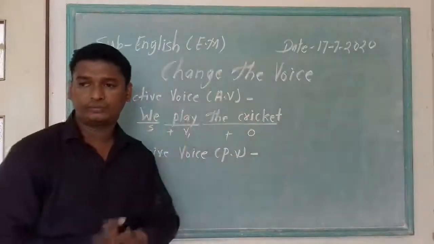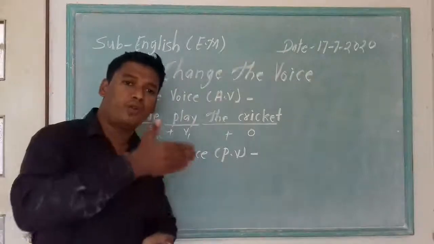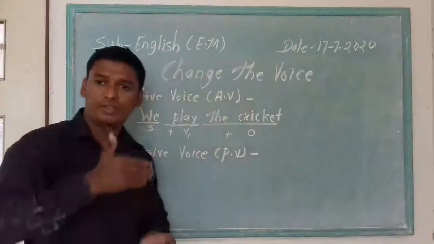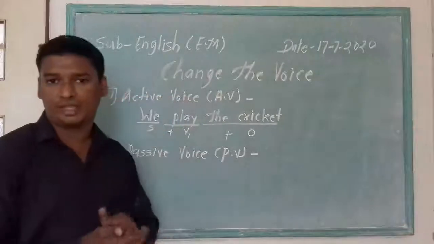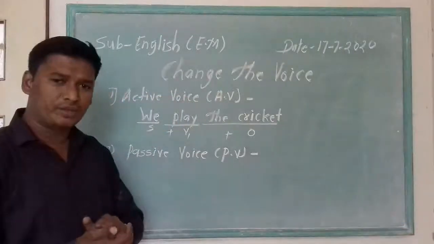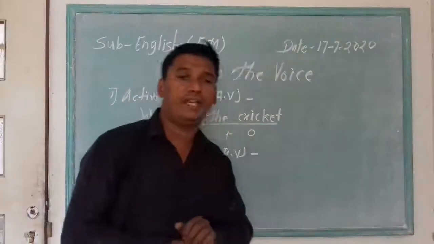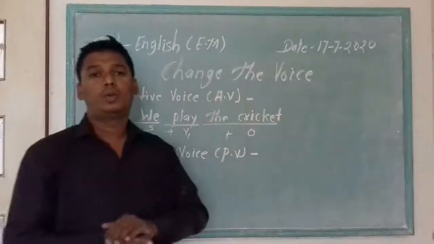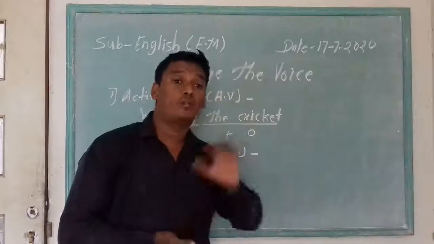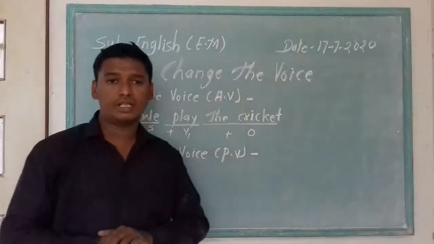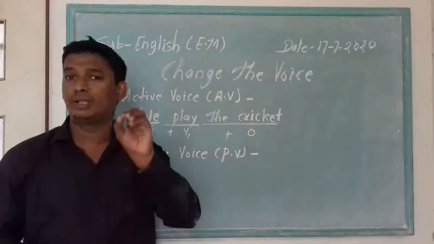We know it. Verb is always followed by object. It's very simple to find out the object, but some students don't know how to find out the object. For such students, I am giving one clue.